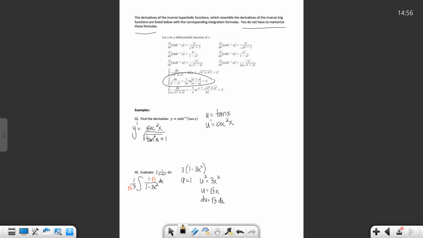So when I get that, if you look at it, it's 1 over 2a. So I definitely have this 1 over 3 square root of 3, times 1 over 2a. So 2a is 2.